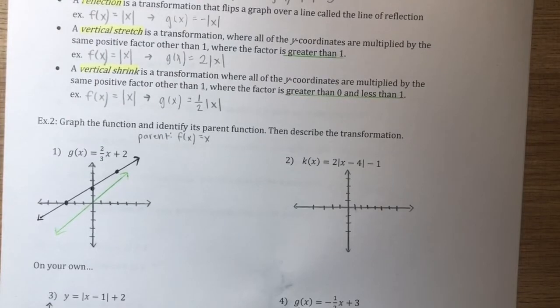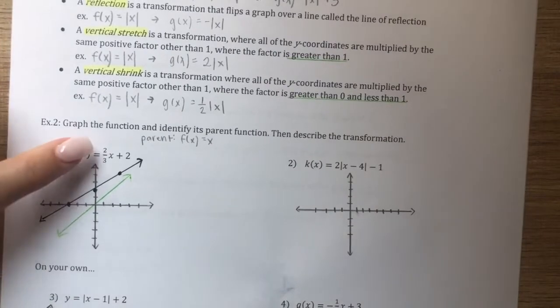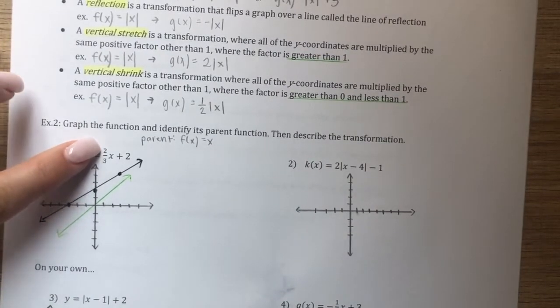So up above we were told that a vertical shrink is when you have a number or a scale factor out in front that's between 0 and 1. So we do have that scale factor. We have a scale factor of 2/3 that's being multiplied by our input x.